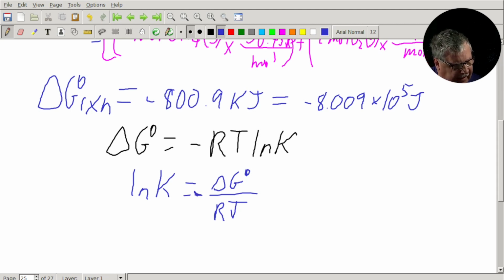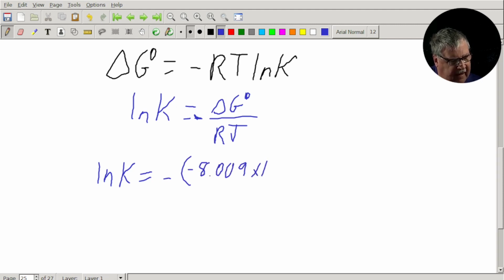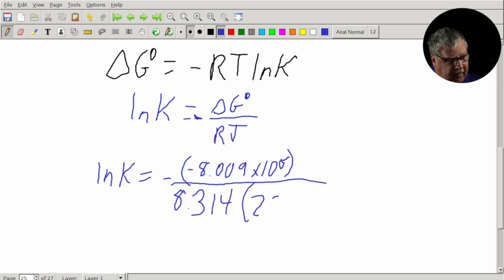And of course, I forgot the negative sign down here. So in this particular case, the natural log of my equilibrium constant is going to be negative 8.009 times 10 to the 5th divided by R, which is, again, 8.314, and divided again by temperature, which would be 298 kelvins.